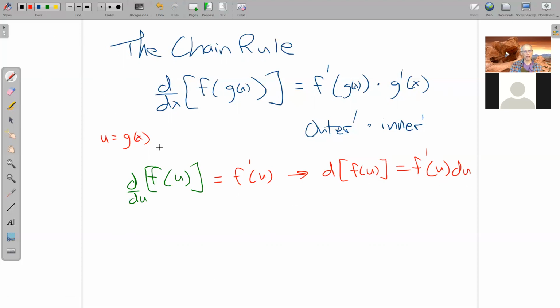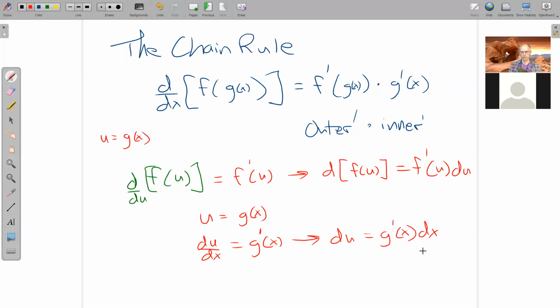And then we come back in and we say, all right, but u is equal to g of x. So that means du dx, the derivative of u with respect to x, well, that's just g prime of x, because these are two ways to write the derivative. And then we can rewrite that in differential form that says du is equal to g prime of x dx.